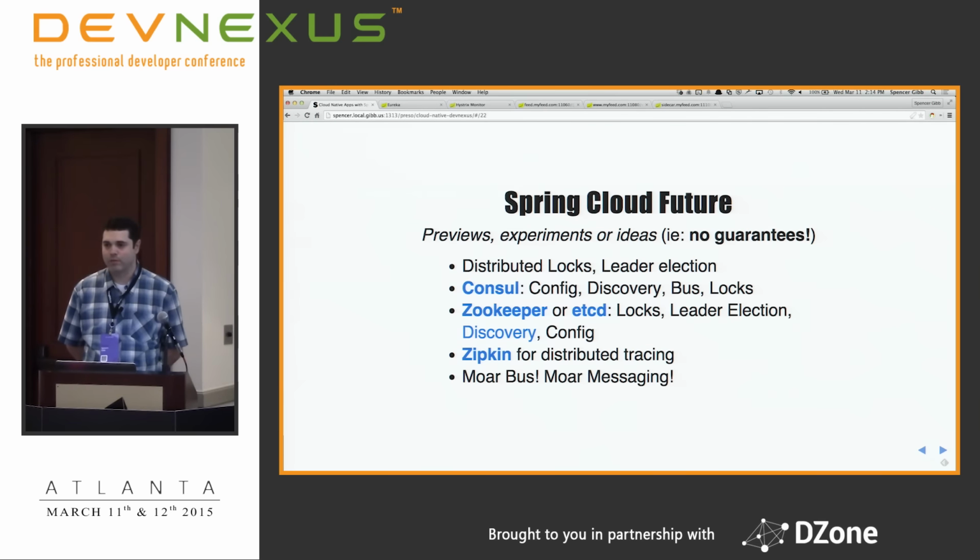I've done one with Consul for discovery, configuration, the bus, the locks. It's already a sidecar. It's got a lot of neat properties. It's multi-data center aware by default, and it's the only other system you'd have running besides your code. So it's pretty slick. You can do some of these things with Zookeeper.